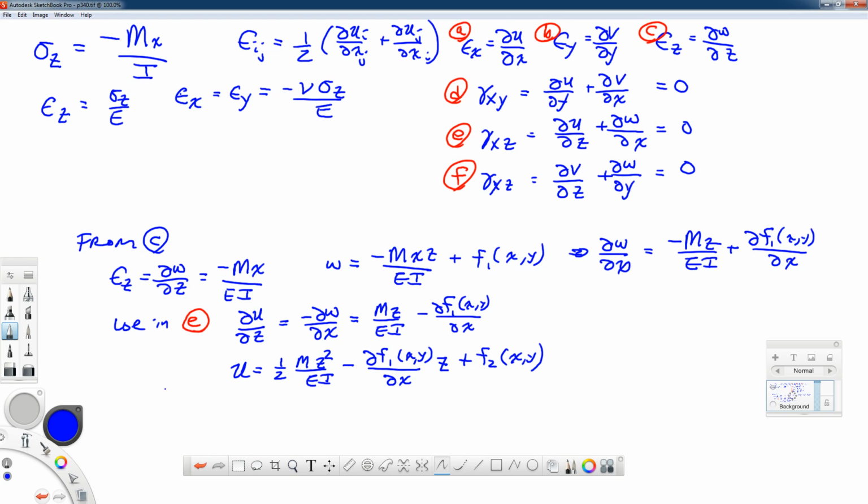Alright, now we're going to go back and look at this equation again. We're going to take the partial derivative of that equation with respect to y.